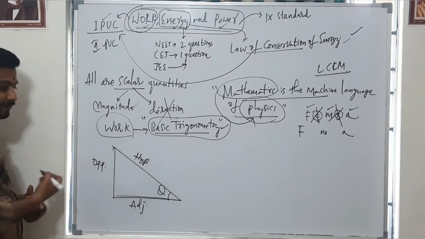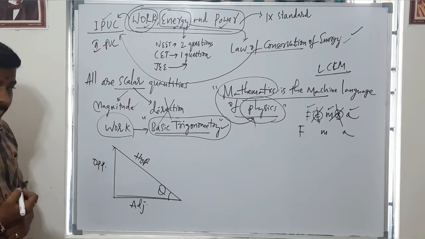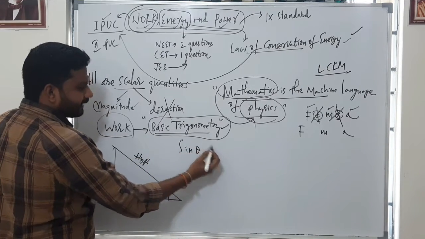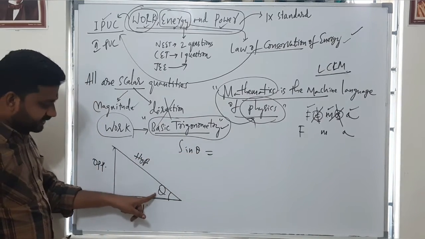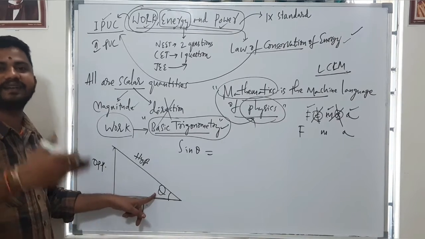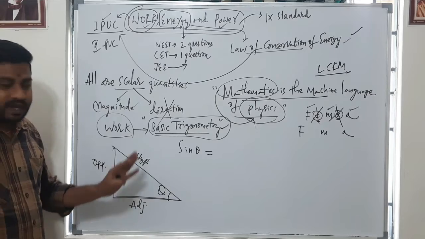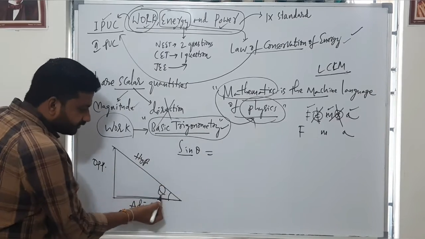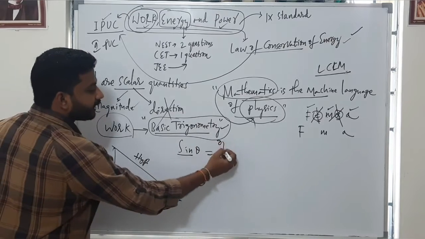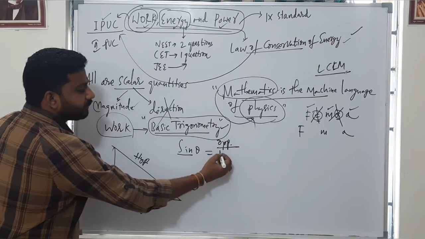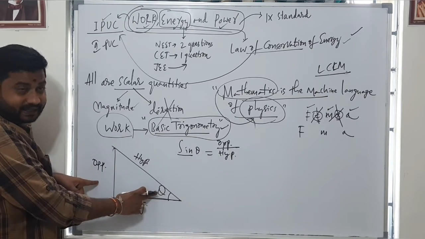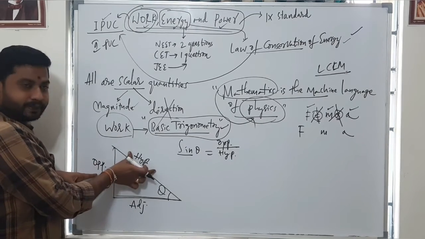In trigonometry, you will have a sine of an angle. The angle may be 0 degrees, 30 degrees, 45, 60 degrees, 90 degrees, whatever it may be. Sine of this angle is always equal to opposite side by hypotenuse. Remember, sine of the angle of this triangle is opposite side by hypotenuse.